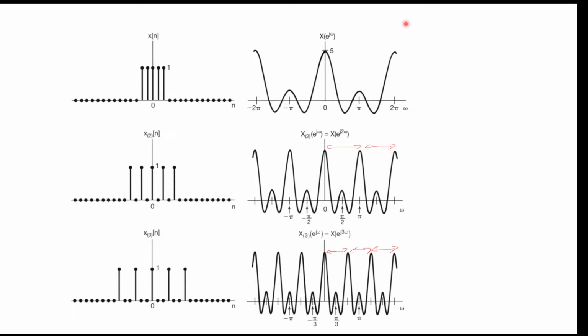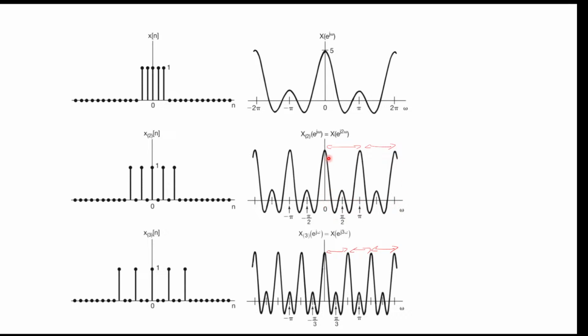And then we see that when we stretch out the signal in time, we squeeze the frequency domain signal. So we stretch out the time domain signal by a factor of 2, then we squeeze the frequency domain signal by a factor of 2, and instead of one period of this up down up, you have two periods within 2 pi.